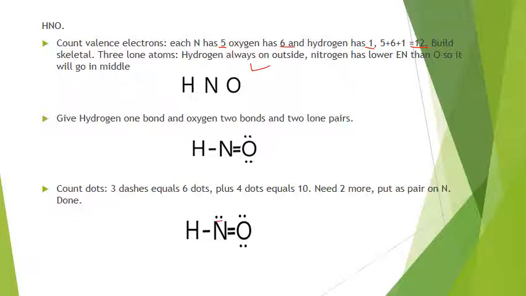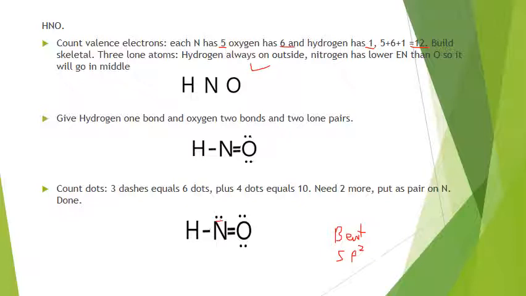This shape is going to be bent. It has 2 bonds and 1 lone pair. This is going to be sp2 bent because it has 3 attachments.